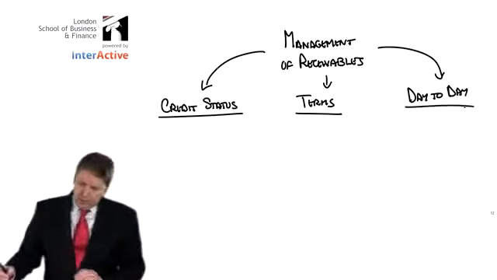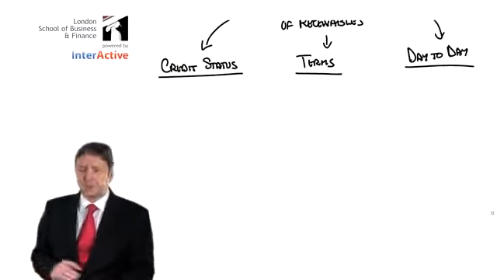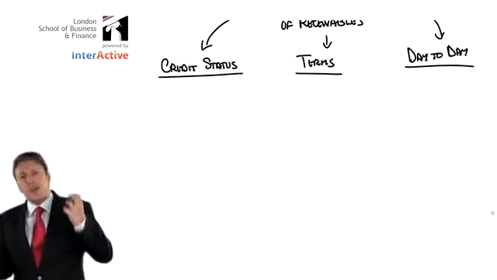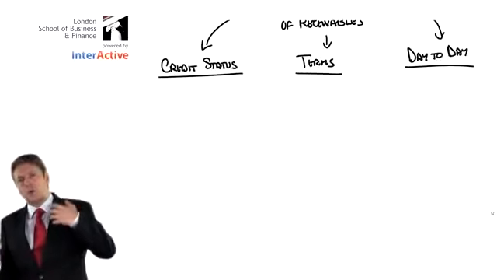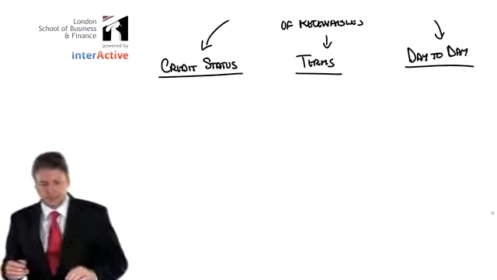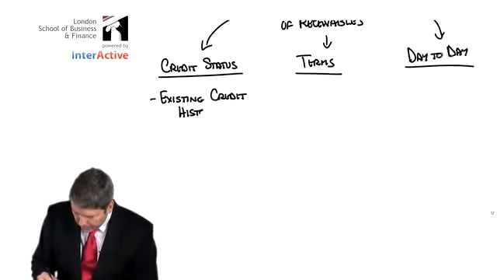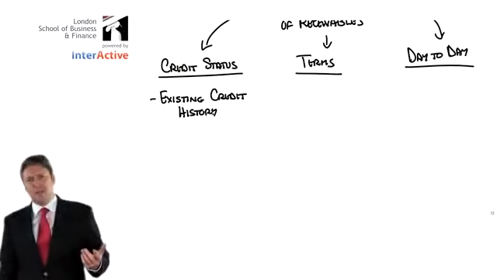So, we look at credit status first of all. And all we look at here are the sort of things that we may check to make sure that we are happy to offer credit. We could look at their existing credit history. If they are already one of our customers, you know, how well have they paid in the past?